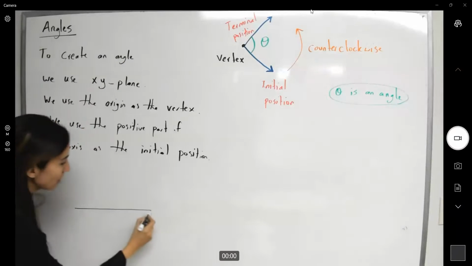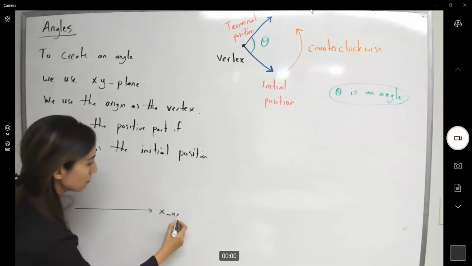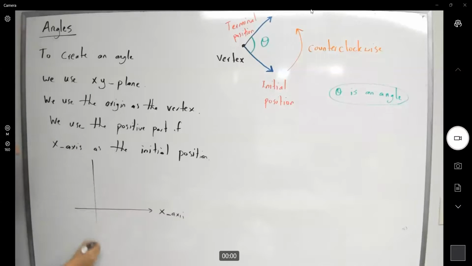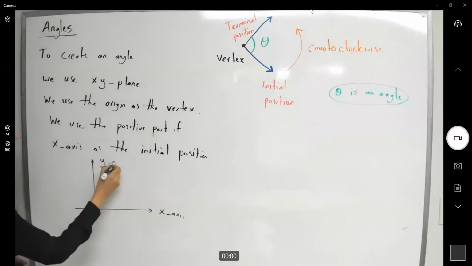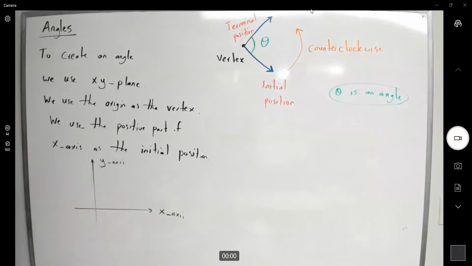So here you have the x-axis, the horizontal axis, then you have your vertical axis, the y-axis. This is my vertex located at the origin.